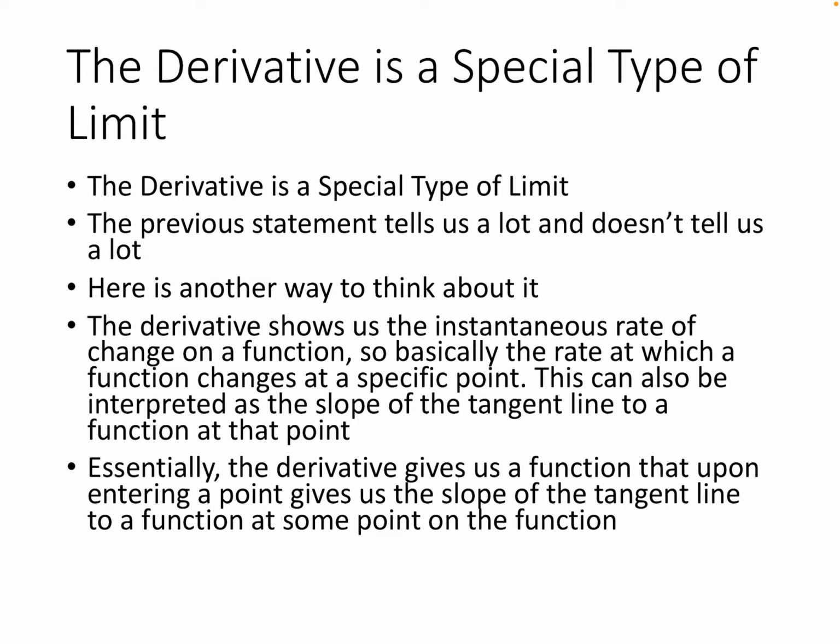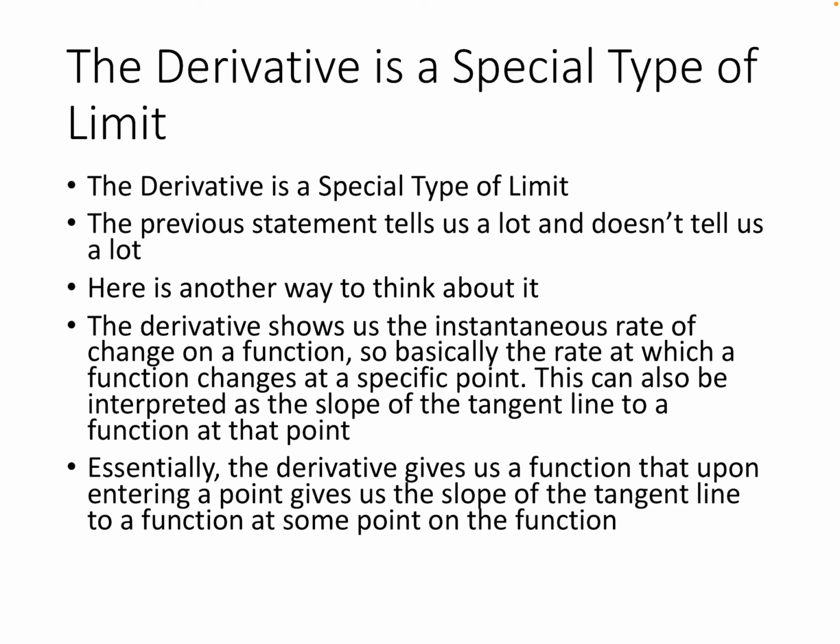So if I were to draw a tangent line to some point on a function, the derivative would give me the slope of that line. So essentially, the derivative in itself can be thought of as a function that, when you input a point, will give you the slope of the tangent line at that point on a function.